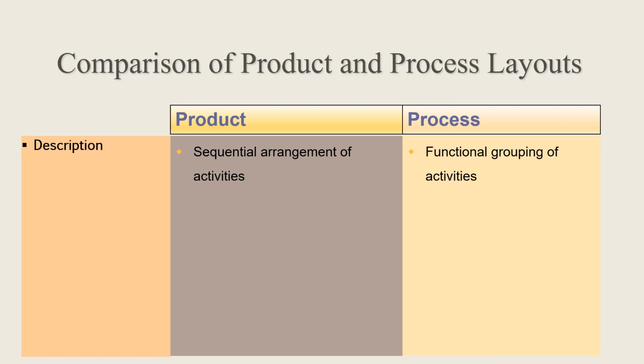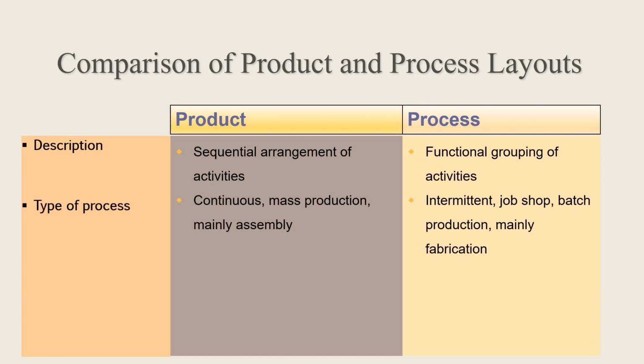So a functional grouping of activities can be seen. The product layout is more suitable for continuous mass production, mainly assembly type. Process layouts are more suitable for intermittent, job shop and batch production, mainly fabrication.